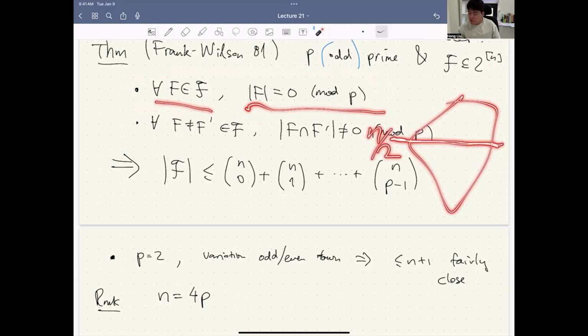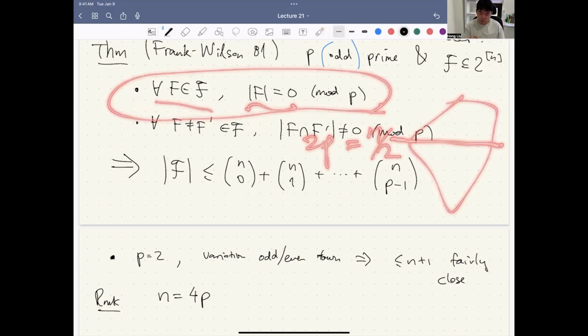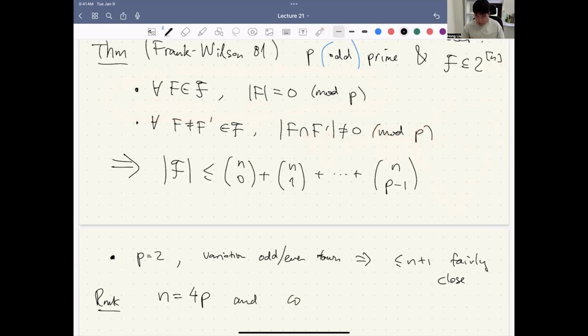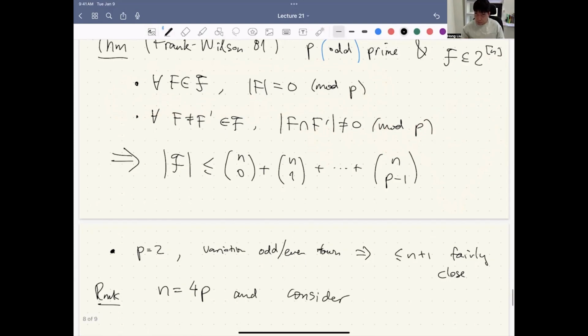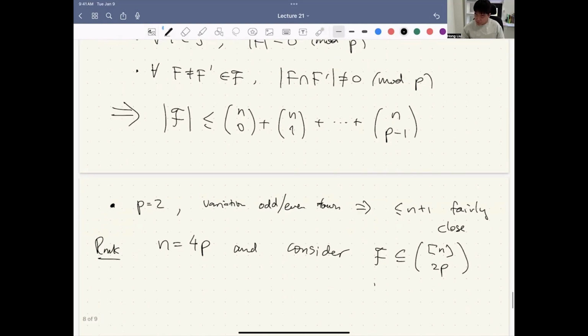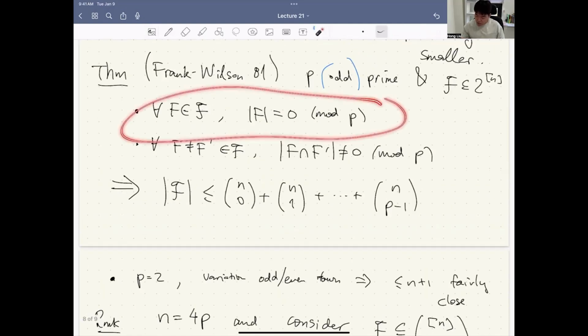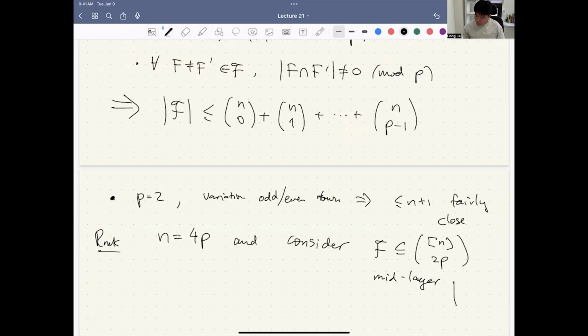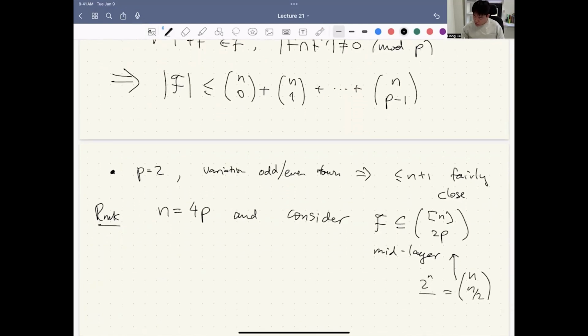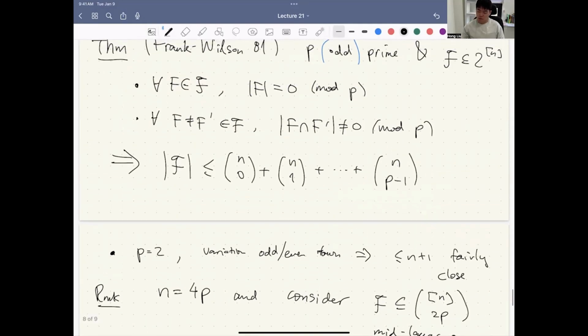Middle layer is of size n over 2, which equals 2p. So it satisfies the first condition. And consider F in n choose 2p, the middle layer. So the first condition is satisfied. And this middle layer has size n choose n over 2, so you are not losing much, right? Not losing much by passing to the middle layer.